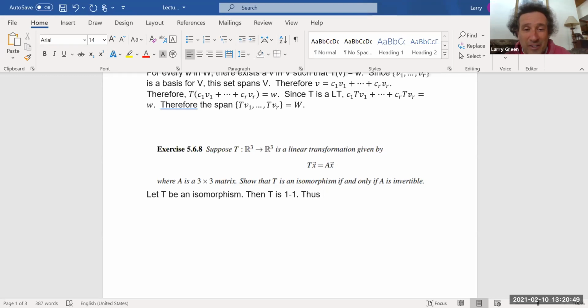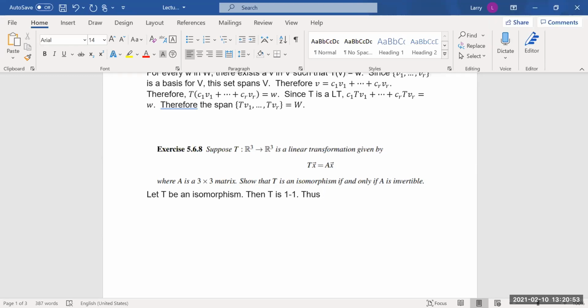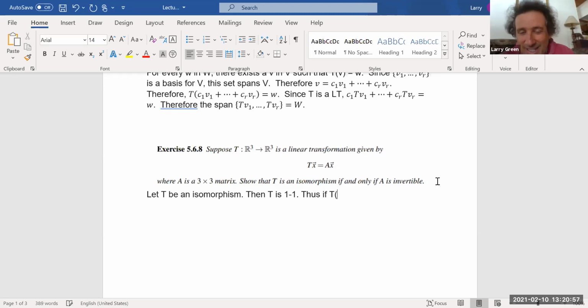Okay, that was a definition, but we had a theorem that made it much nicer. If T of V equals 0, then V must be 0, right? That's if T of V is equal to the 0 vector, then V is equal to the 0 vector. Do you remember that theorem? Maybe I'll write down the theorem.